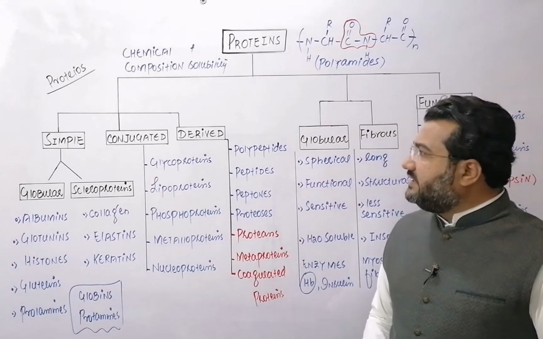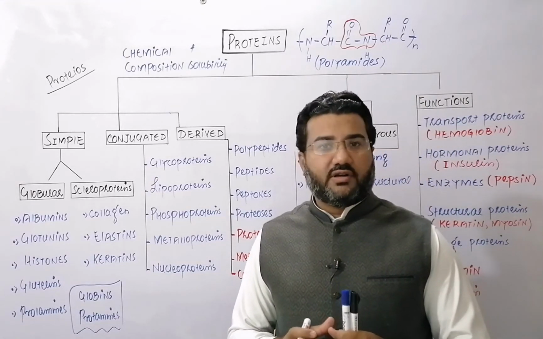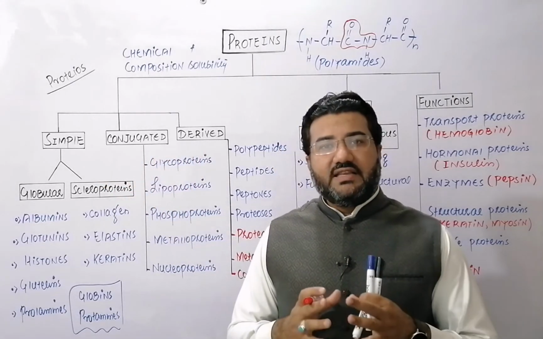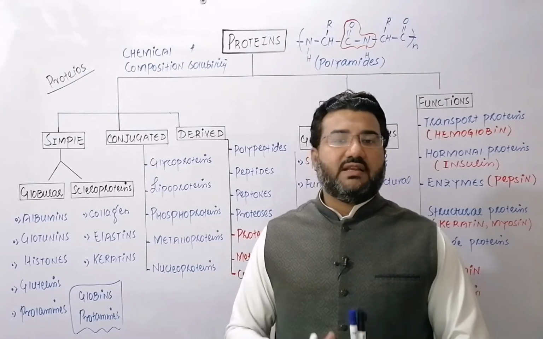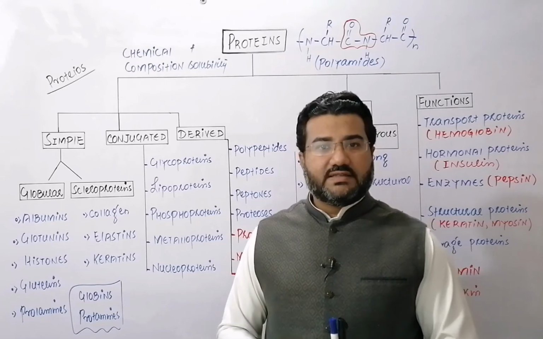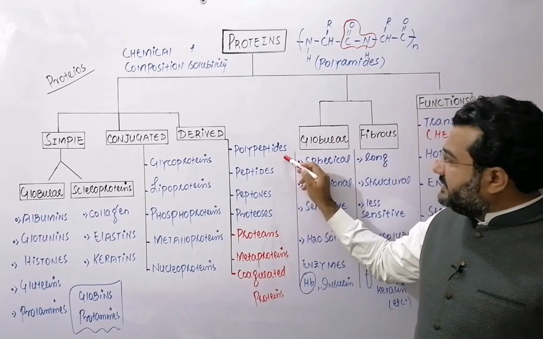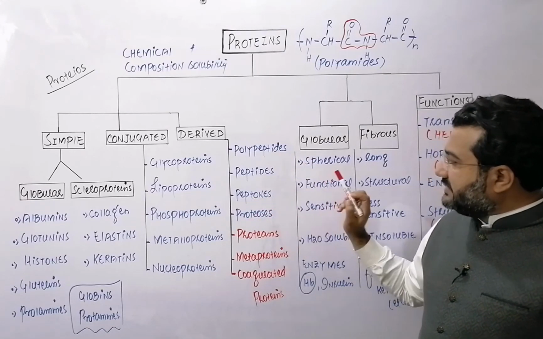The third one are the derived proteins. My dear students, derived proteins are those proteins which are the hydrolytic products of the simple and conjugated proteins. These proteins are produced during the digestion of proteins in the digestive tract of humans when the proteins are hydrolyzed. They include polypeptides, peptides, peptones, proteoses.